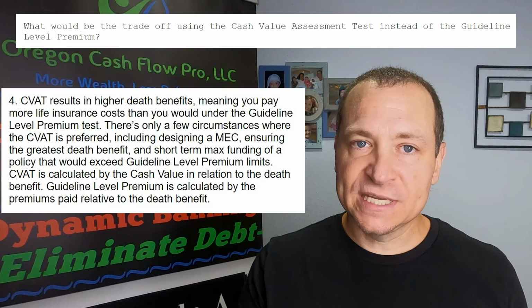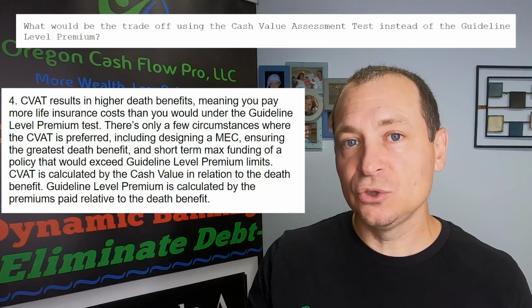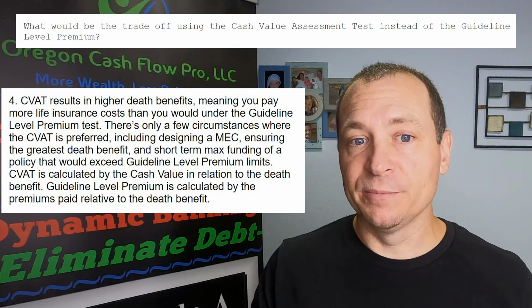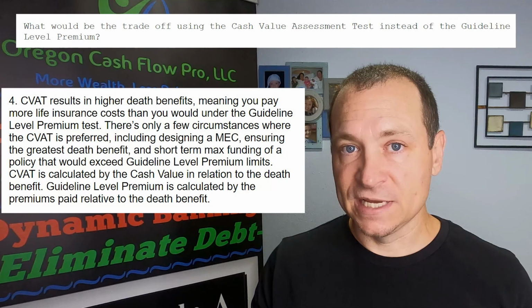So cash value assessment test is calculated by the cash value in relation to the death benefit, whereas the guideline level premium is calculated by the premiums paid relative to the death benefit. So just to be clear, one of those is calculated by the cash value that your policy grows into, and the other one is calculated by the premiums that you pay into the policy.